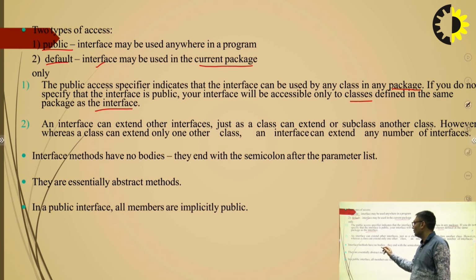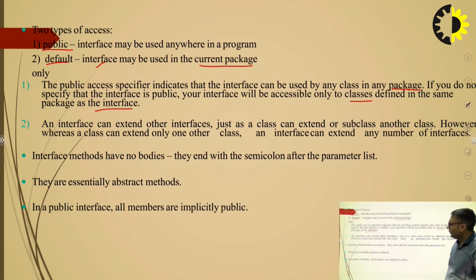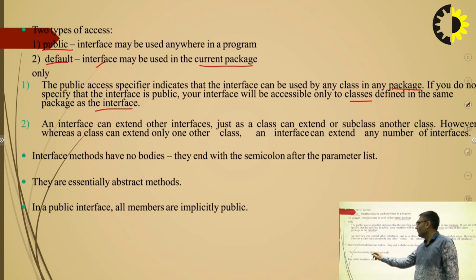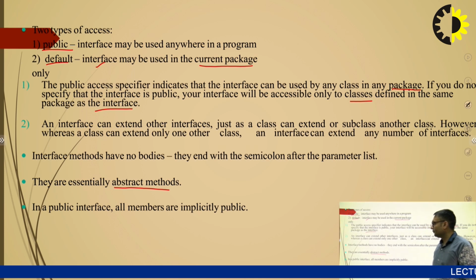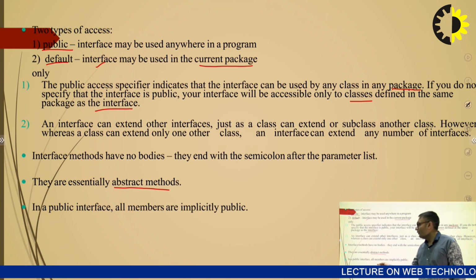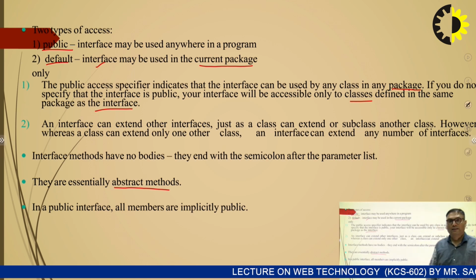Interface methods have no bodies, as we know, and they are essentially abstract methods. And if you define a public interface, then all its members will be implicitly public.